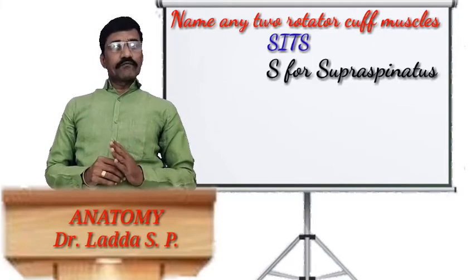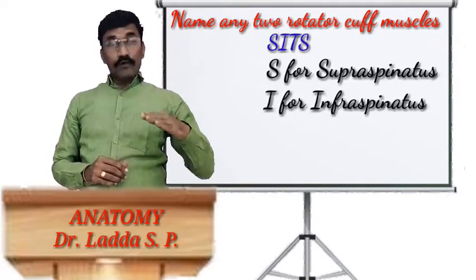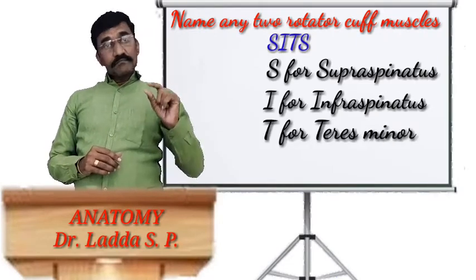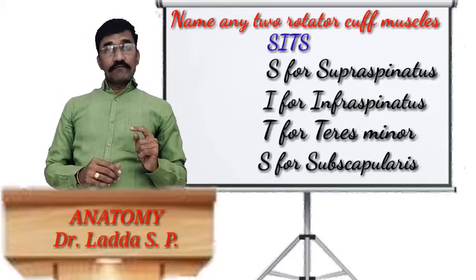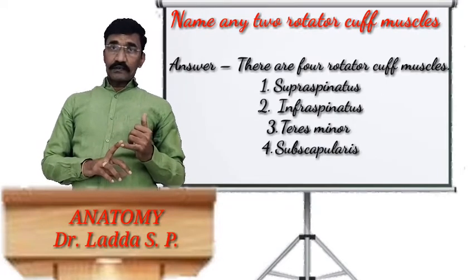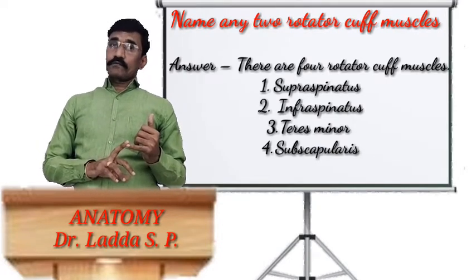Now this S stands for supraspinatus, I stands for infraspinatus, T stands for teres minor, and again the next S stands for subscapularis muscle. So these are the 4 muscles of the rotator cuff.